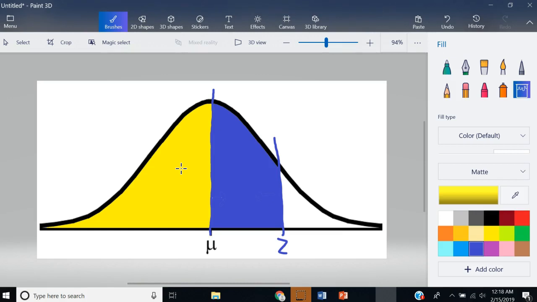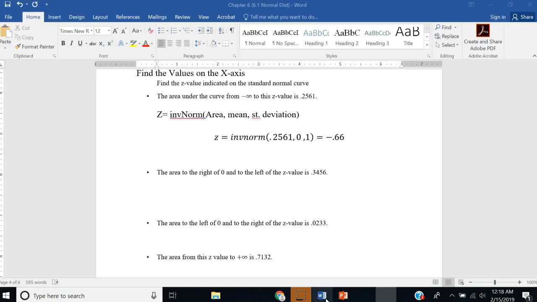So the total area in blue and yellow is going to be a sum of 0.3456 plus 0.5, which is 0.8456. So I'm going to just write that as a note.